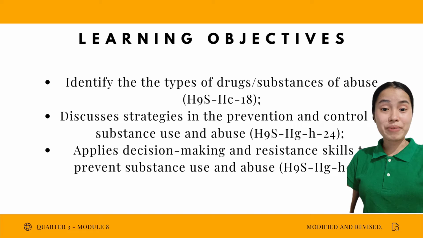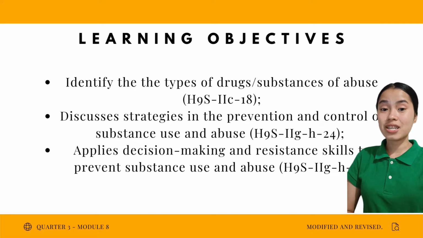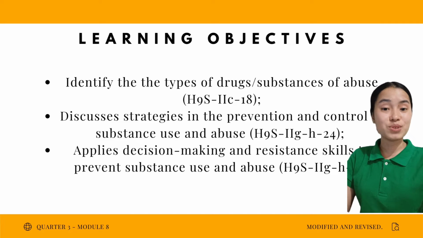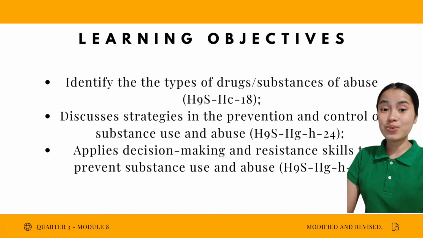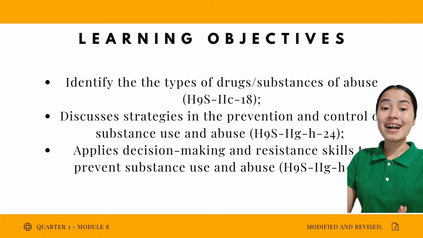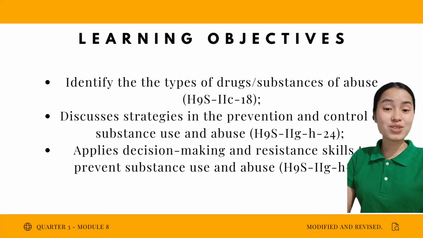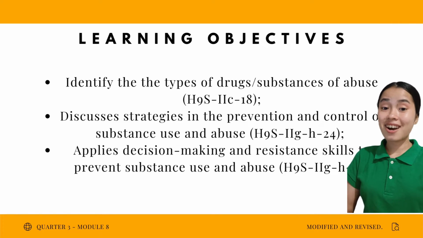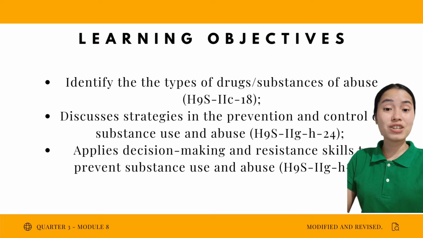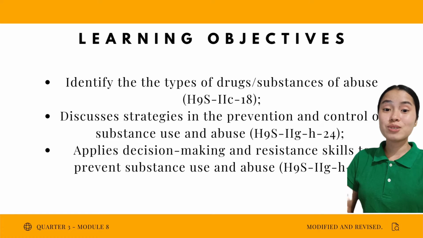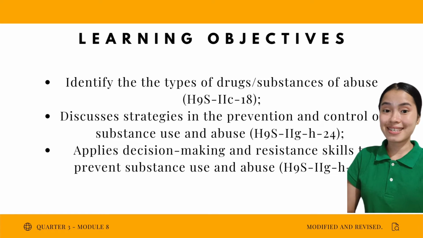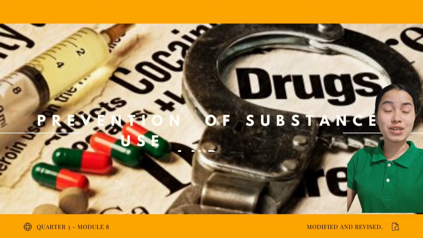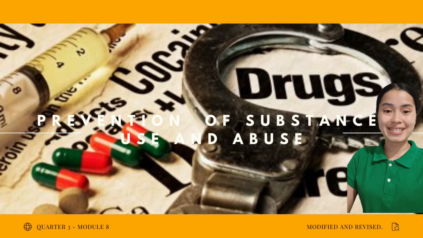In our main topic that focuses on the prevention of substance use and abuse, we are going to identify the types of drugs or substances of abuse, discuss strategies in the prevention and control of substance use and abuse, and apply decision-making skills and resistance skills in the prevention of substance use and abuse.